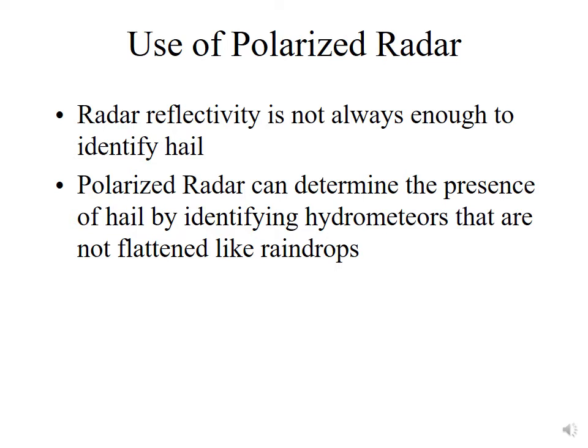But if you have really large rain droplets, of course the rain droplets are going to be flattened at the bottom, and so they're going to have a larger cross-sectional area for a larger radar return in the horizontal than they do in the vertical. And the hailstones tend to have pretty similar vertical and horizontal return signals.